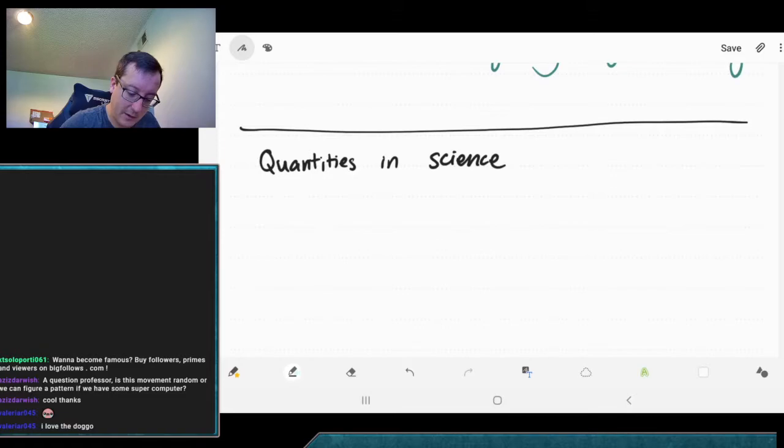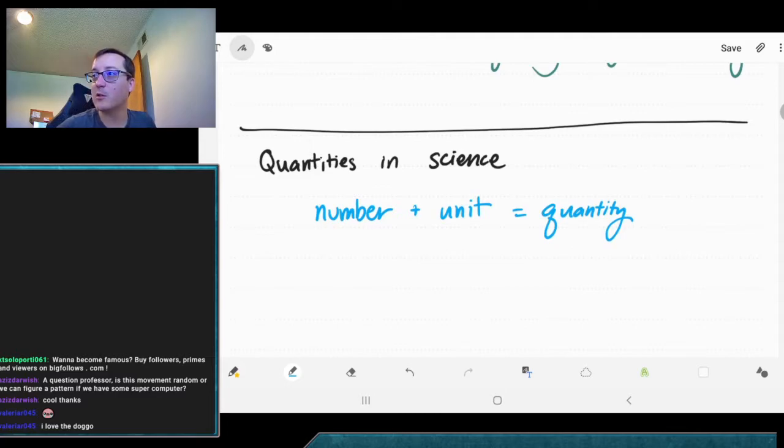As you've been hounded in math class repeatedly, we're always going to have a unit associated with a number. So a quantity in science is always going to come with both of those: some sort of number as well as a unit. Those two together will equal a useful quantity, something that we can actually work with.